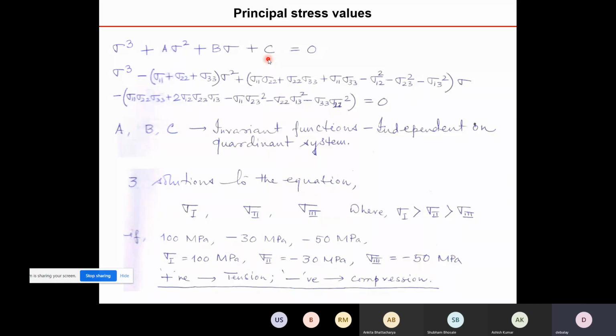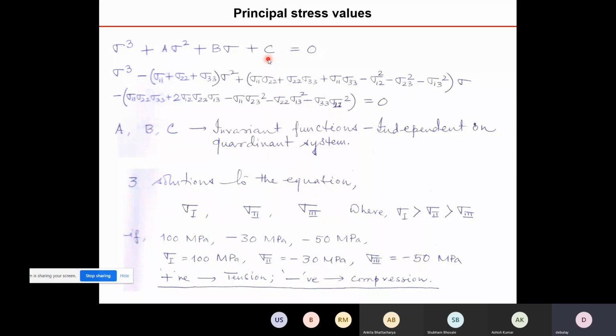Why are these called invariants? Because they are independent of your selection of coordinates. Whatever way you choose your coordinates 1, 2, and 3 or x, y, z. In our case, we have classically determined them as the 3 major axes of the parallelepiped. It may not be. It may be 3 other mutually perpendicular directions.